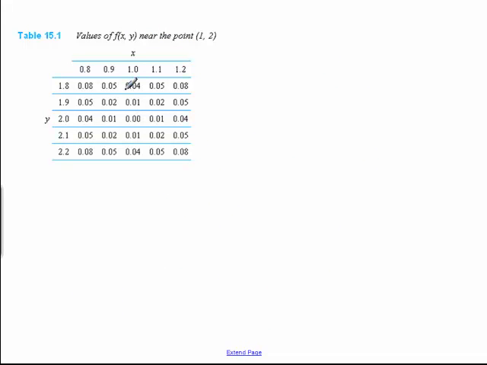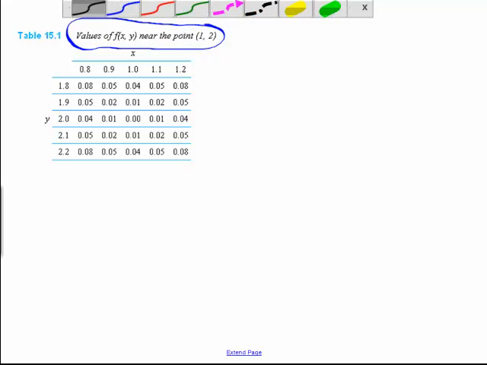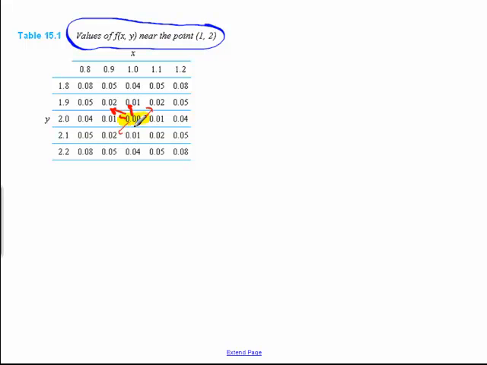Well, let's look at a table of values to start thinking about local extrema. So if we're near the point 1, 2, so that's right here, what we notice is that in any direction that we go, increasing x or y or both, no matter which direction we go, our z value increases. Therefore, we can see that 1, 2 is a local min.